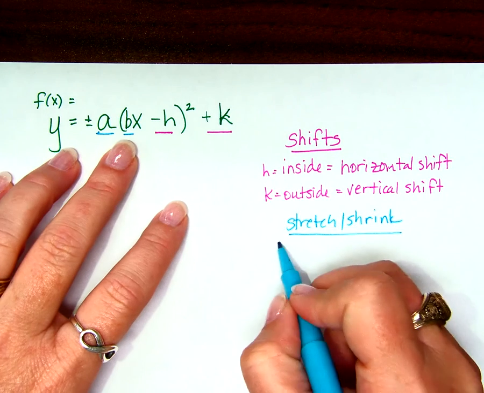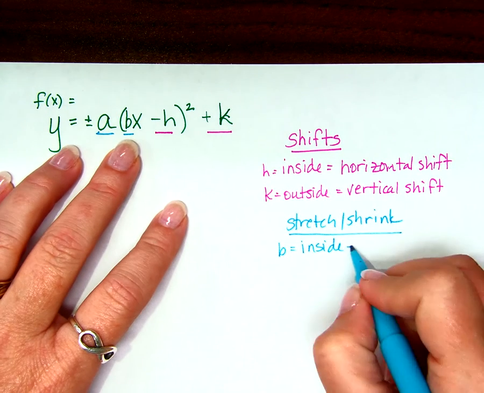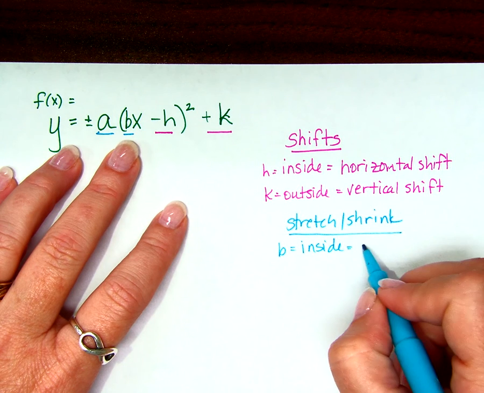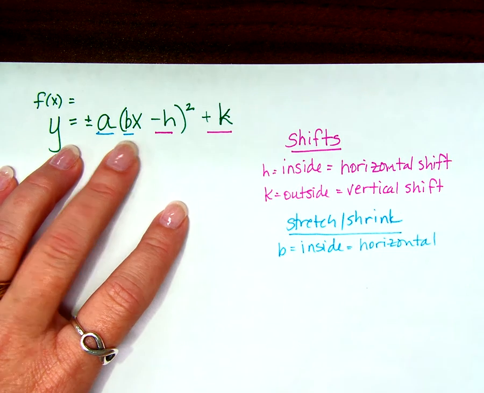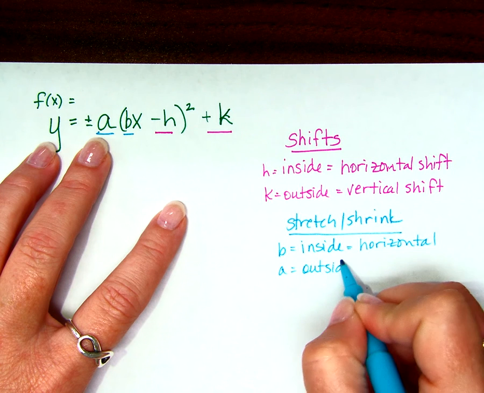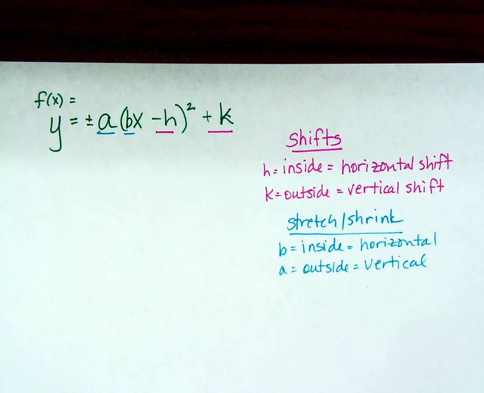Again, if it's inside, which is what b is right here, that causes a horizontal shrink or stretch. And if it's outside, that's a vertical change, a vertical stretch or compression.